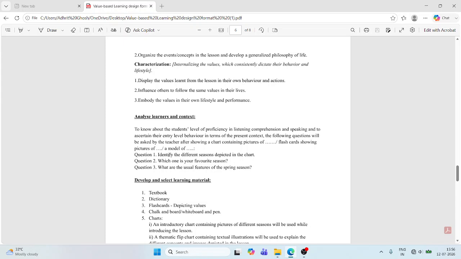So display the values learned from the lesson in their own behavior and actions, and influence others to follow the same values in their lives, and embody the values in their own lifestyle and performance. All right.